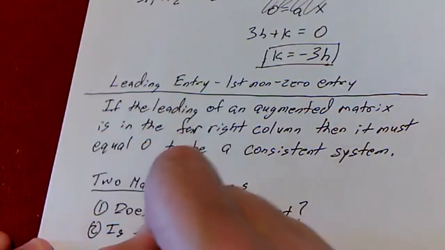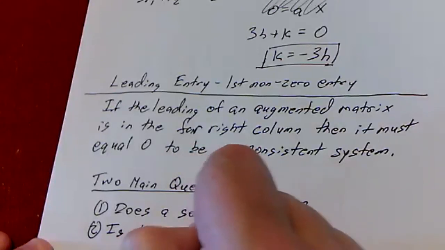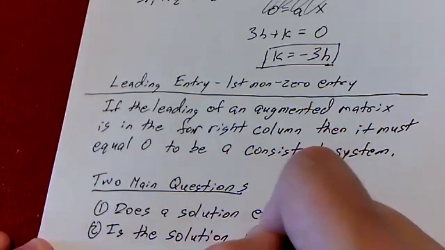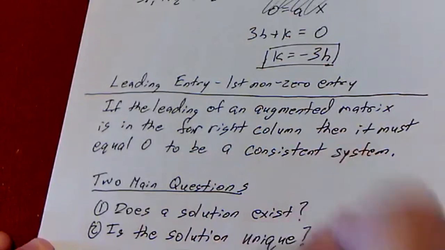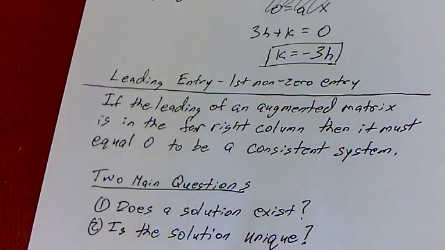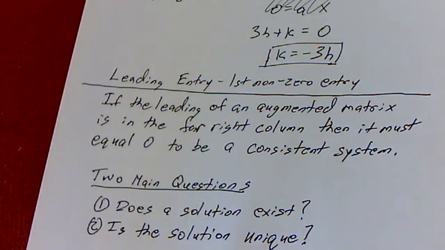Second question, is the solution unique? Is there only one solution, or are there many solutions? So those are our 2 main questions that we're going to continue looking at in future sections.